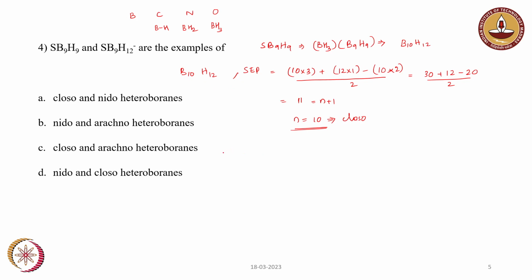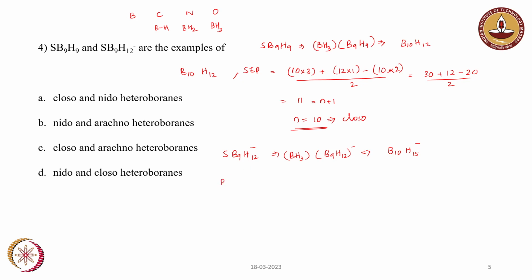And next one is SB9H12 minus. So here BH3 and B9H12 minus, that will be B10H15 minus.